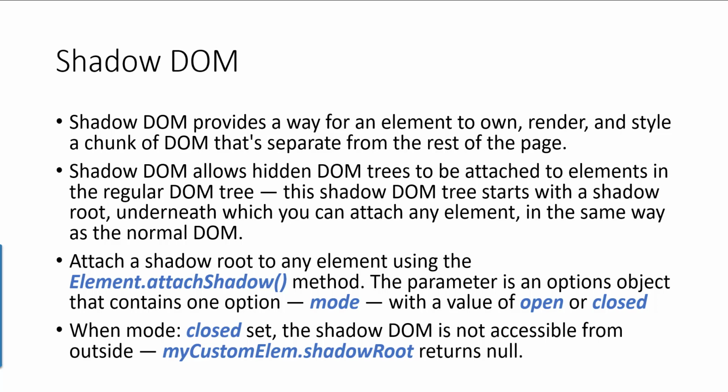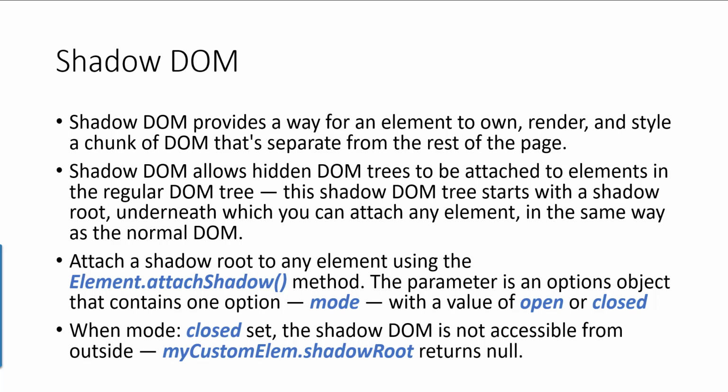To create a simple shadow DOM, you can use the attach shadow method, and you can also specify the mode value as open or closed. Whenever we use the closed state, the shadow DOM is not accessible outside the constructor or outside the component, so you cannot access the shadow root using the custom element dot shadow root property.